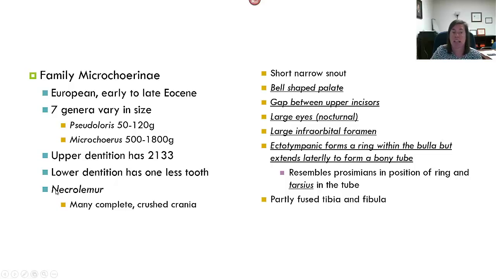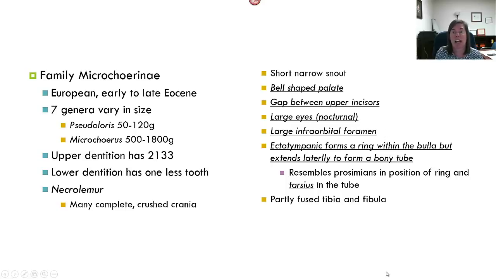A classic example of a microchoerine is Necrolemur, and we have many complete but albeit crushed crania. We know that they have a very short, narrow snout. They have a bell-shaped palate, a gap between the upper incisors for the organ of Jacobson, large eyes indicative of nocturnality, a large infraorbital foramen.